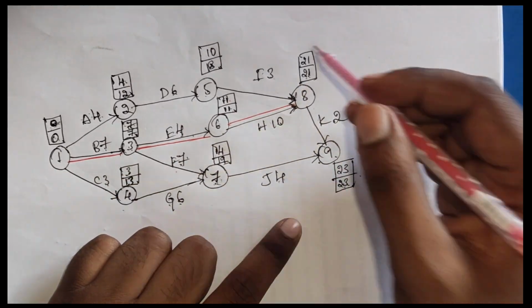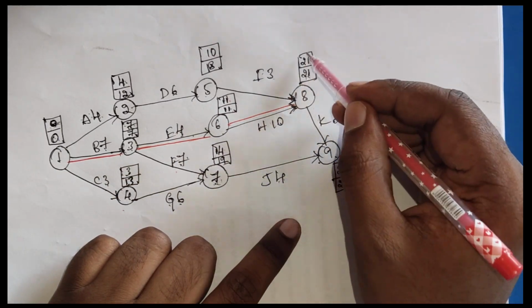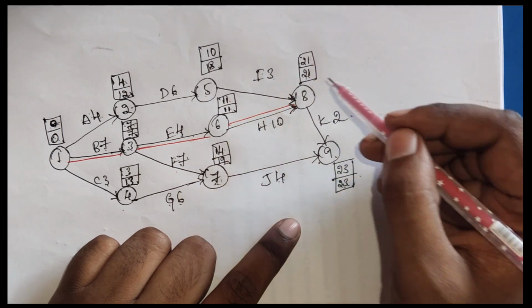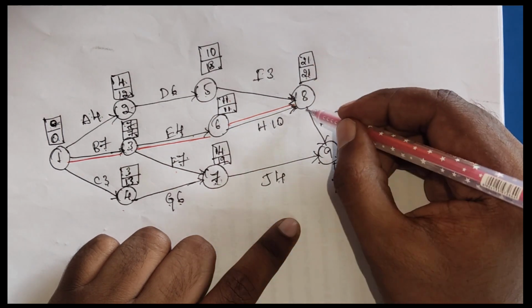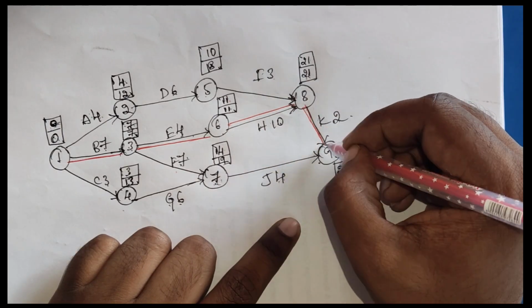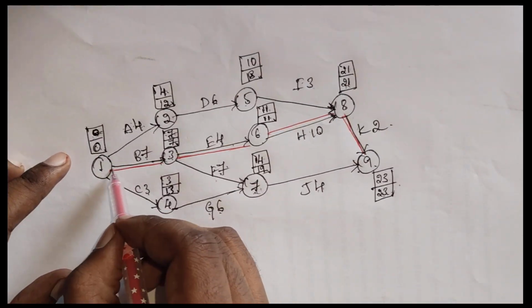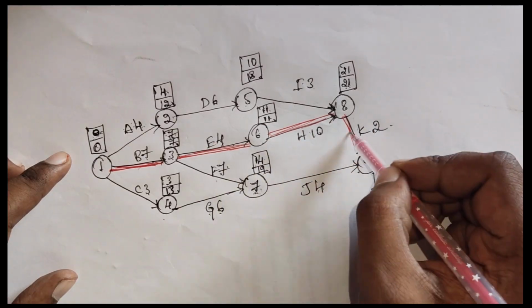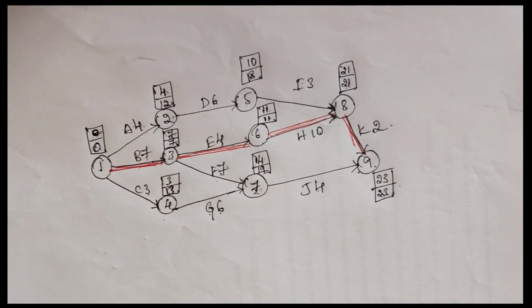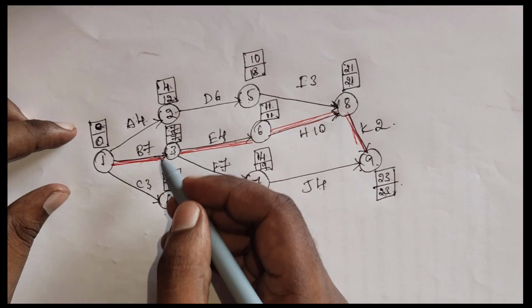And the next, the earliest start and latest start are equal, and here the earliest finish and latest finish are equal. So this is the actual path. It's drawn from here to here to here to here. It's done. So now what are the actual activities?